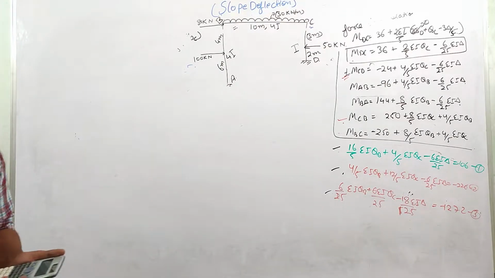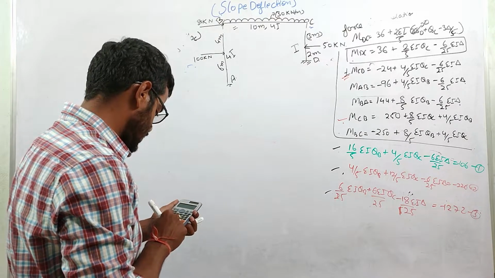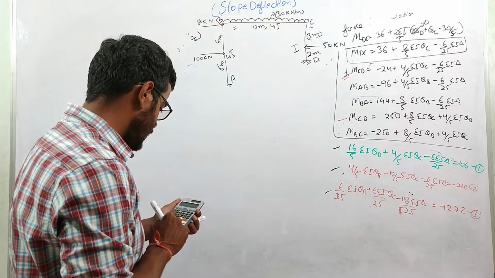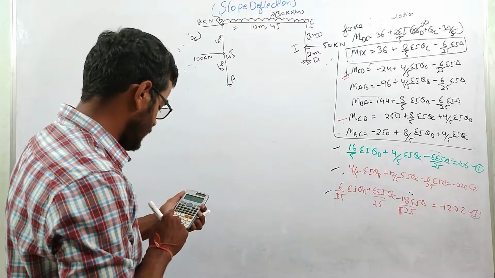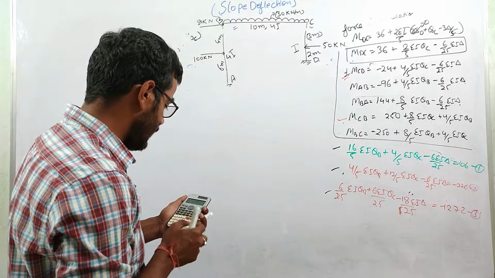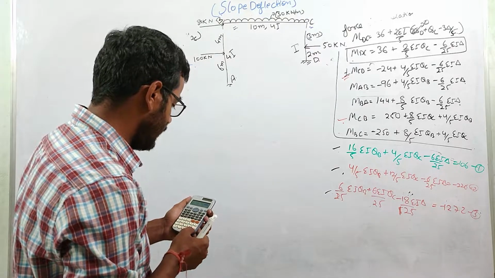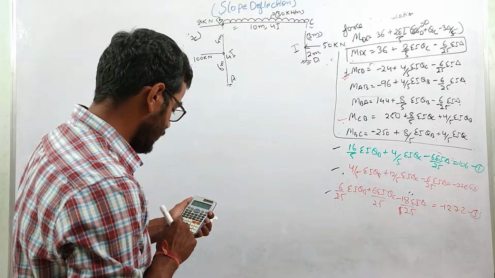We'll use the calculator over here. If we put the values in this, a is 16 divided by 5, b is 4 divided by 5 and c is minus 6 divided by 25, d is 106.